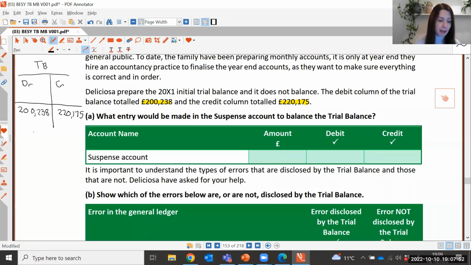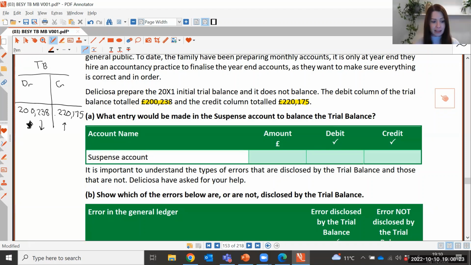So the suspense account balance here, we can see that the debit side of the trial balance is lower than the credit side. So our suspense account needs to be on the debit side.